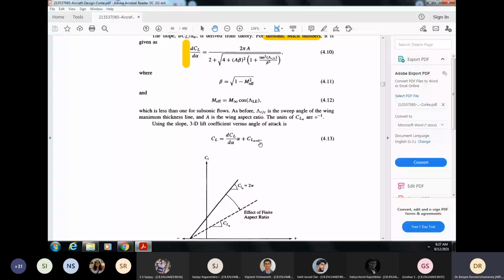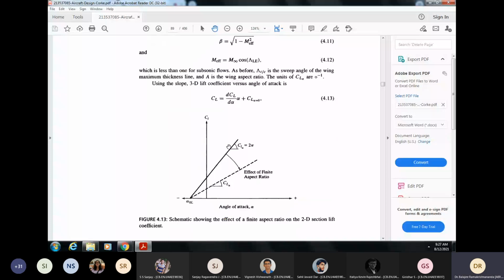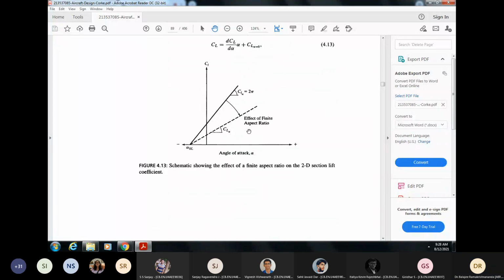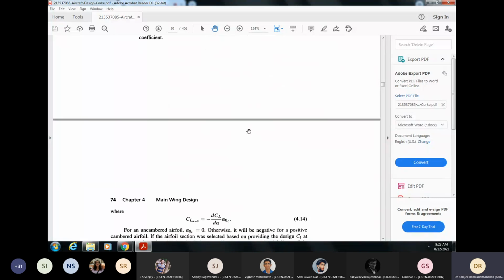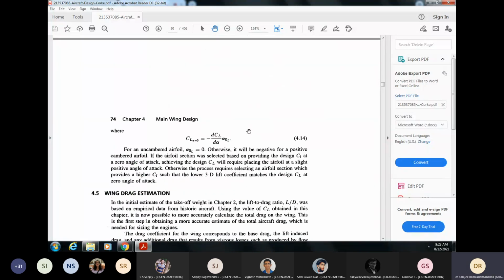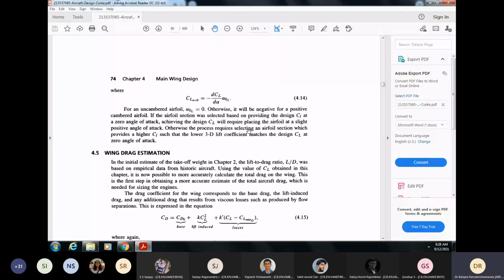This will also tell you how much alpha the wing needs at cruise, given the CL you need at cruise. You can go through all this; you should be able to understand.